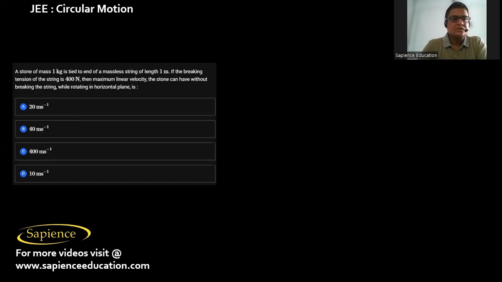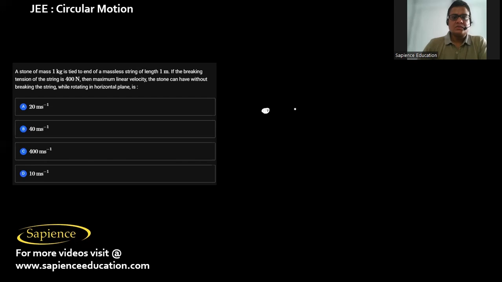Then here it is told a stone of mass 1 kg is tied to the end of a massless string of length 1 meter. If the breaking tension of the string is 400 Newton, then what is the maximum linear velocity the stone can have without breaking the string while rotating in a horizontal plane?